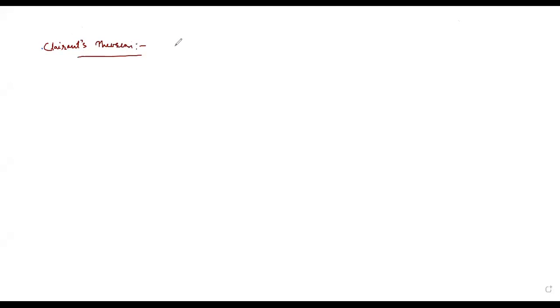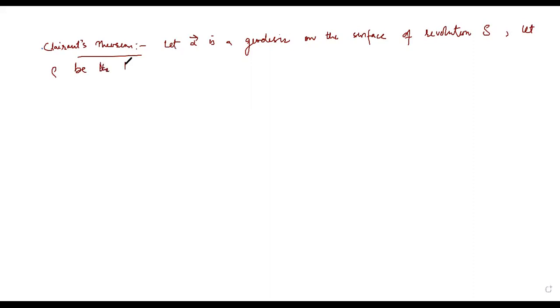So if alpha is a geodesic on the surface of revolution, जिसका नाम हम देंगे S, and let rho be the distance of a point on S, any point on the surface, to the axis of revolution.